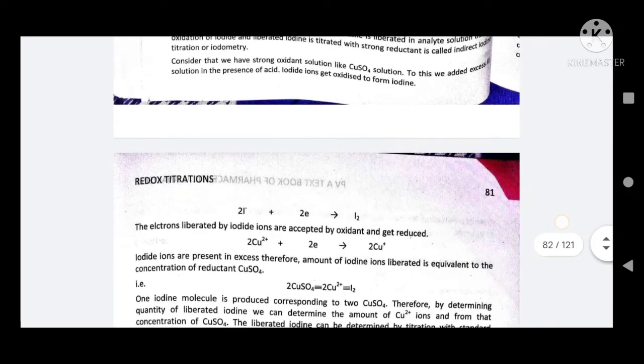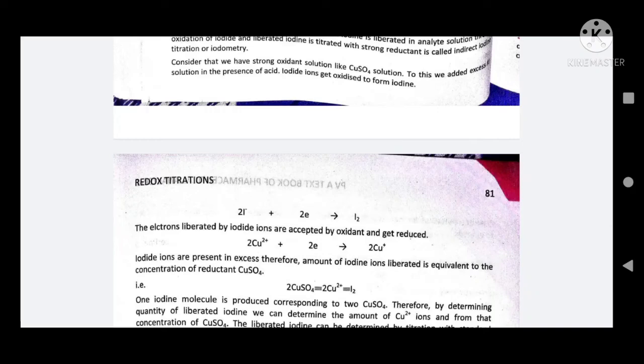See here, consider a strong oxidant like copper sulfate, CuSO4. To this we add excess potassium iodide in the presence of acid. When copper sulfate reacts with excess potassium iodide in the presence of an acid, sulfuric acid or HCl, then iodine is liberated. Iodide ions get oxidized and form iodine.